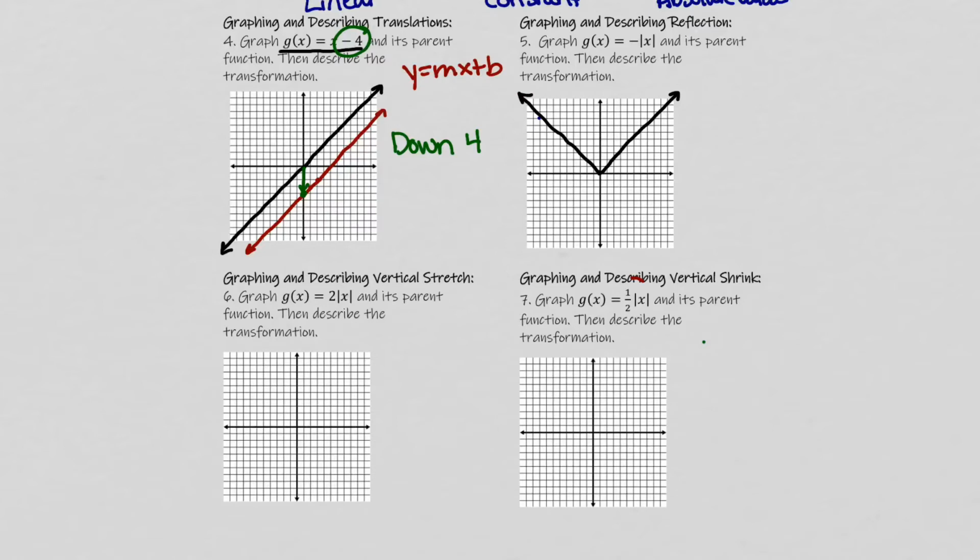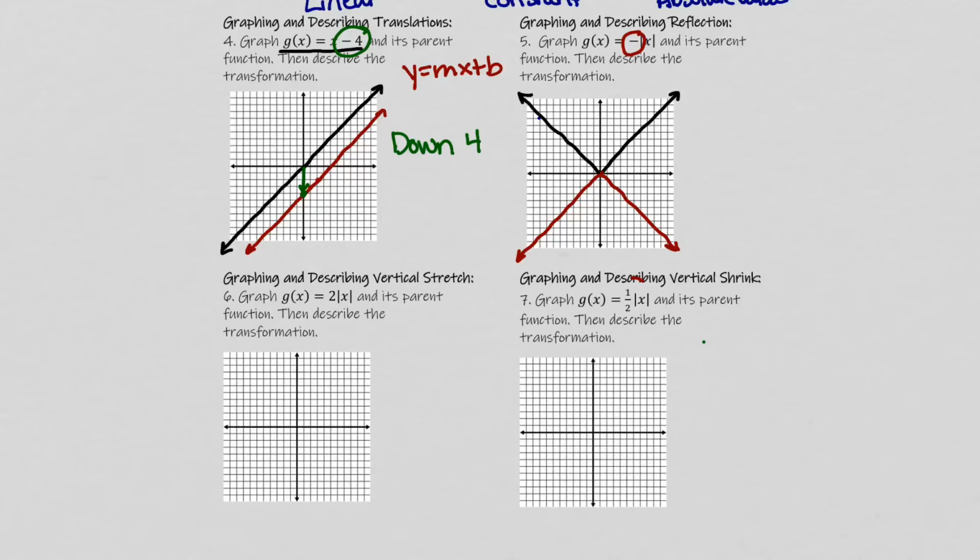Okay, there's the parent function. But if I graph this one, this negative out front just means I now reflect that over the x-axis. So it's still going through 0, 0, but instead of going up 1, I'm going to go down 1 and right 1. And I go left 1, down 1, okay? Or down 1, left 1. Sorry, had the order backwards there.